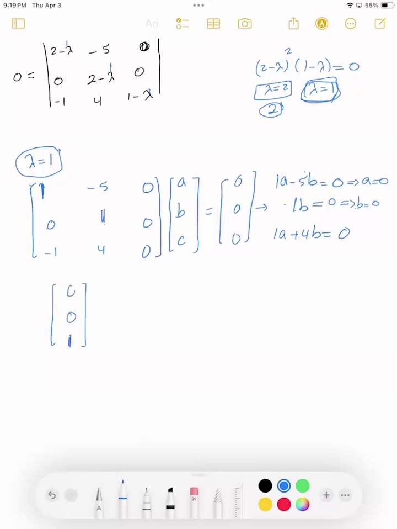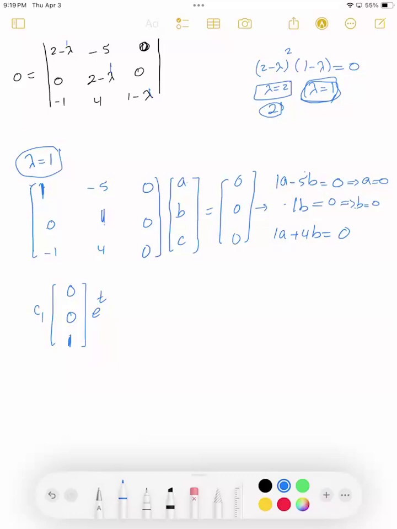And then a and b are always 0. So that's what we get. And that is c1 e^t. That is going to be one of the solutions.